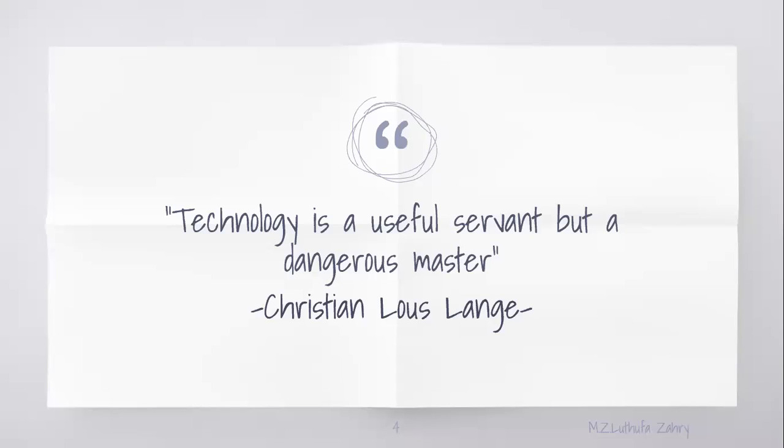A servant is someone who listens to our instructions, but a master is someone whose instructions we listen to. You have to control technology; it shouldn't control you. Even if you're in the ICT field or anywhere else, be very careful. You shouldn't listen to everything technology says and shows you. With that quote, we'll start the lesson.